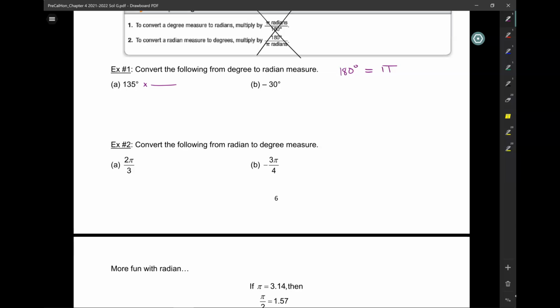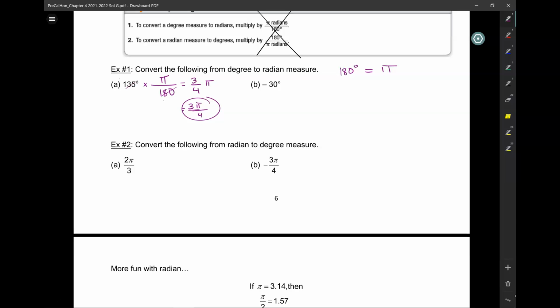Here, degrees must go in the denominator. And pi goes on top. This way, degrees cancel. So, I can divide these by 5s and so on. This ends up being 3 over 4 pi, which we can write as 3 pi over 4.